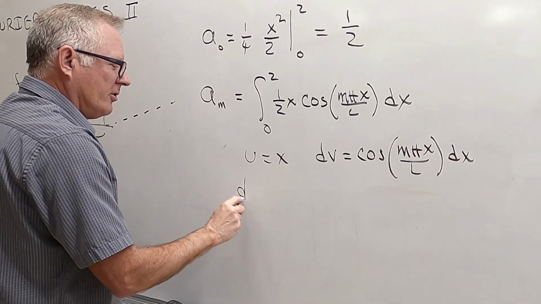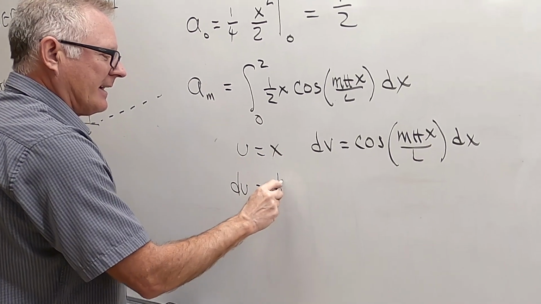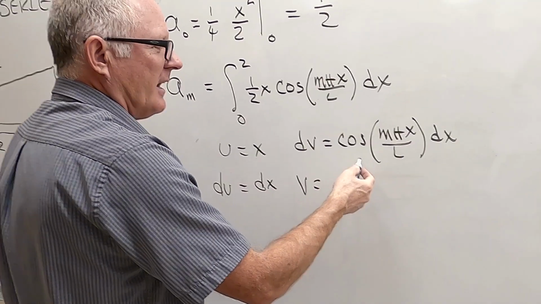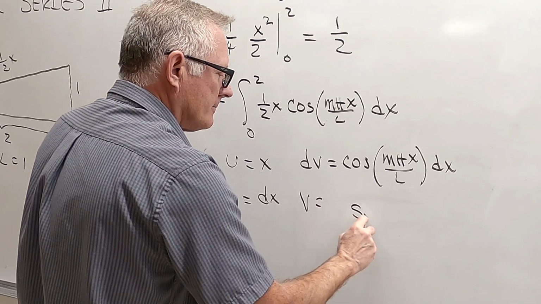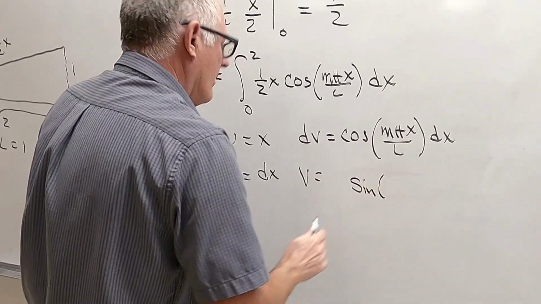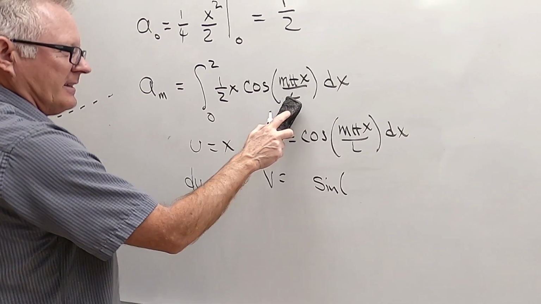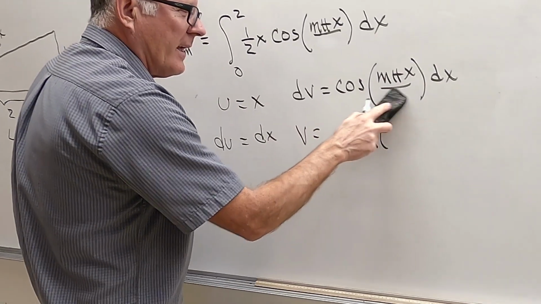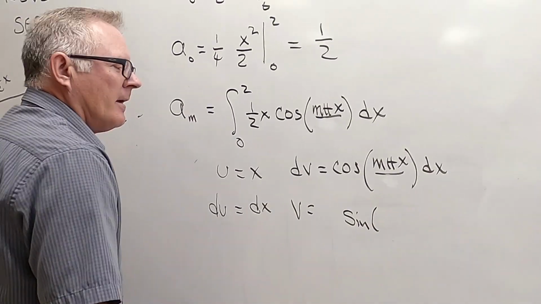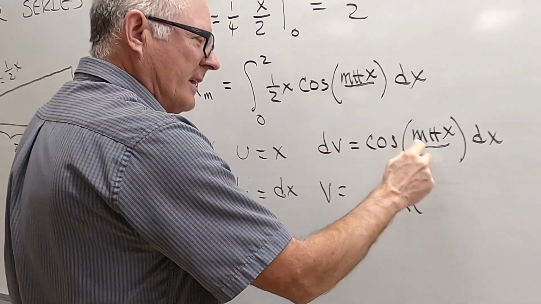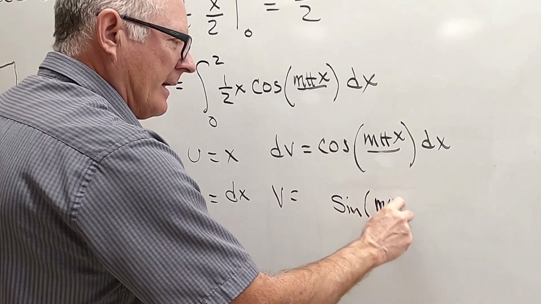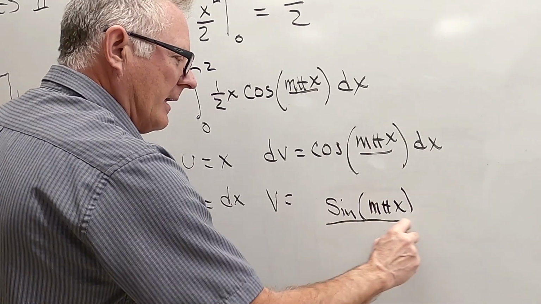So du is equal to dx, and v is the integral of the cosine, which is the sine. I don't need the L in there because L is 1, so I can just take that away. So the integral of this is just sine of m pi x all over m pi.